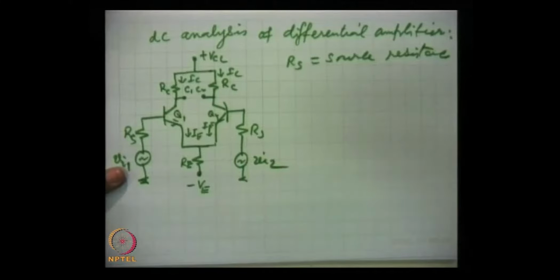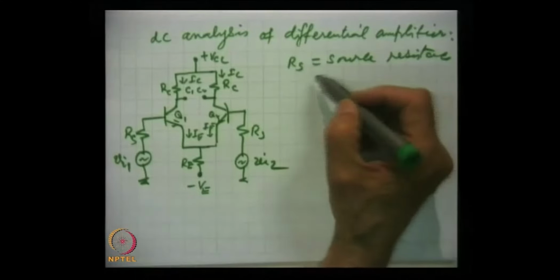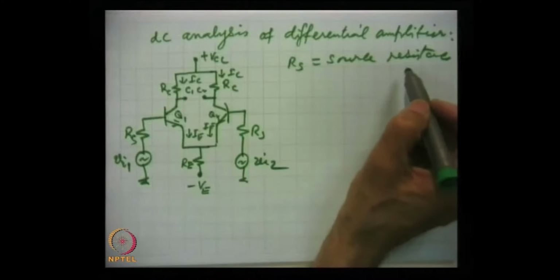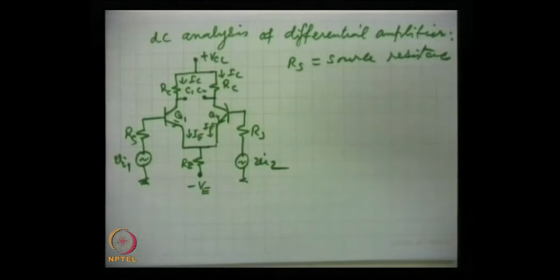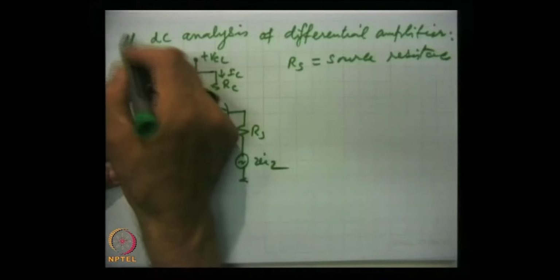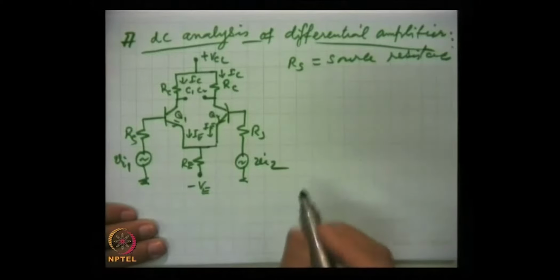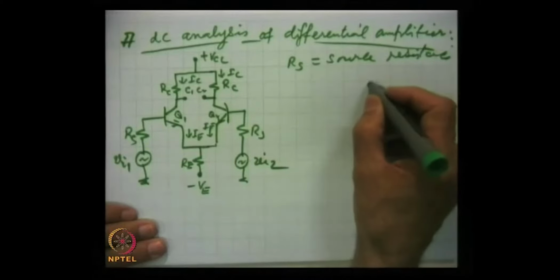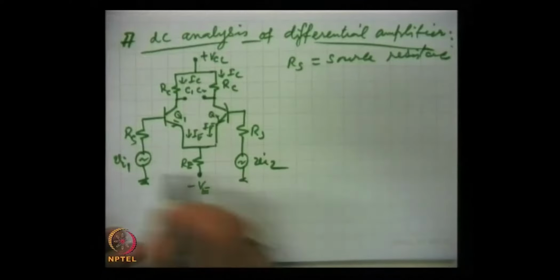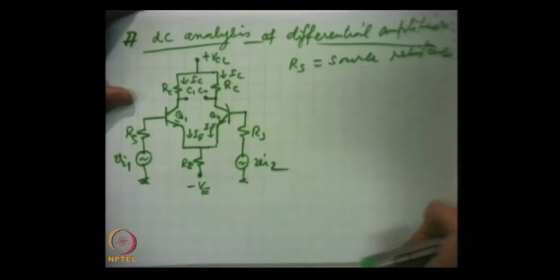This can be an oscillator, or for example a mic or some other device, and every device has an impedance, called source resistance, and normally these are small. For DC analysis, which we are currently carrying out, AC sources have to be grounded. We are not going to consider them. So, what will be the circuit which remains? Here both are grounded.